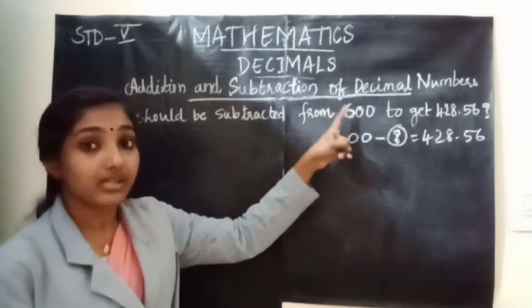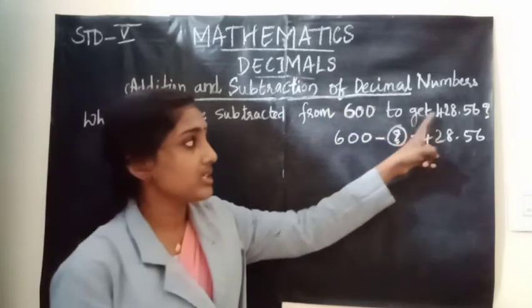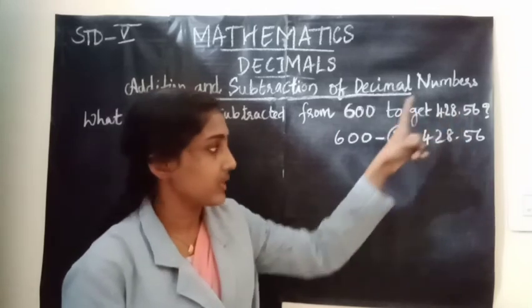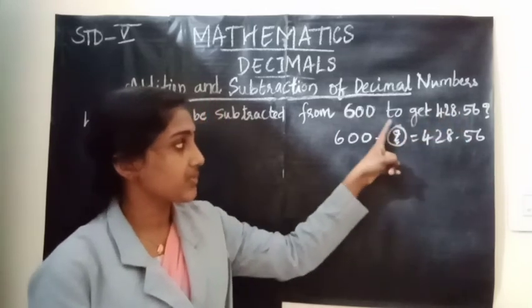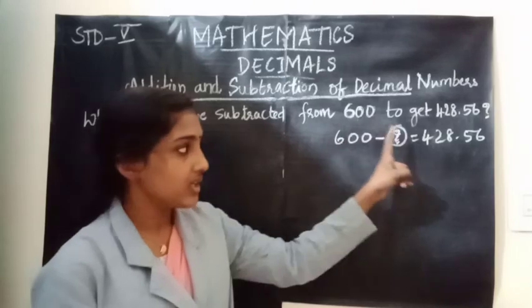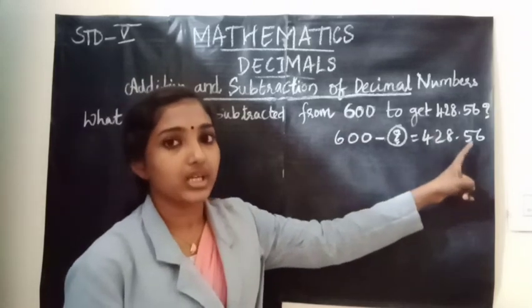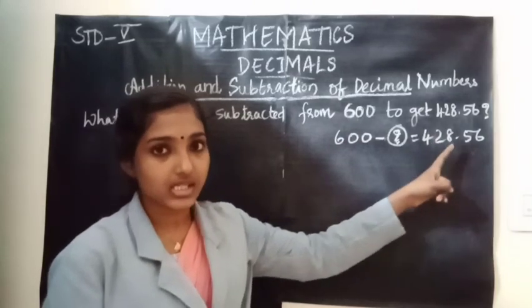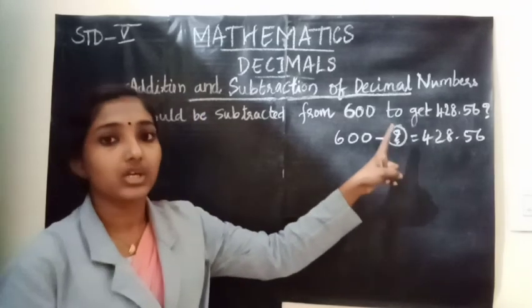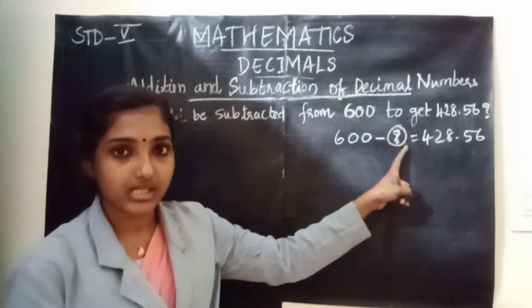So our question is, what should be subtracted from 600 to get 428.56? So we have to find out which number is subtracted here.